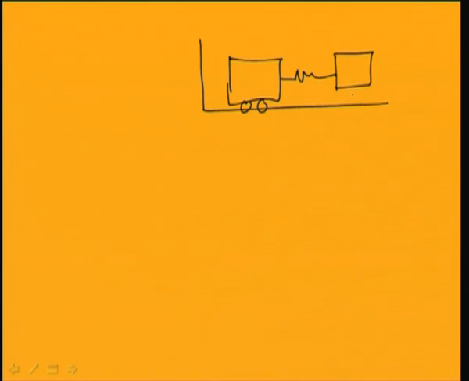So, let us see the case of forced vibration. Let us take the same system when it is subjected to a force, and find the response of the system. So, in the same system, this is mass m1, m2, this is spring K1 and this is spring K2.